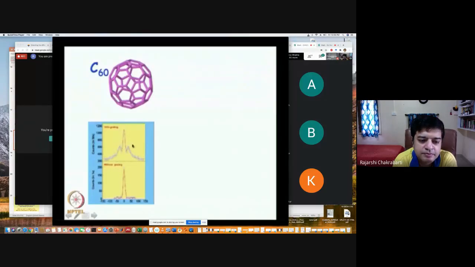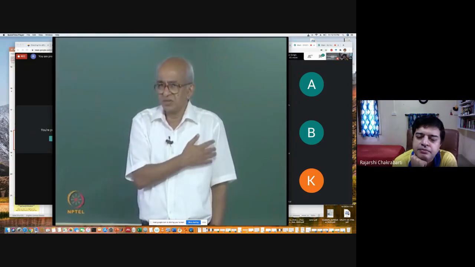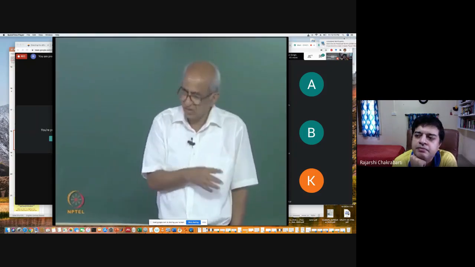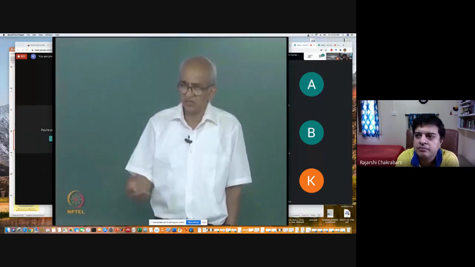Okay, you can see this pattern, which is just an interference pattern. And this is obtained using a beam of C60 molecules. He made a beam of monoenergetic C60 molecules, passed them through two slits, and then observed this interference pattern, showing that even a C60 molecule has a wave associated with it.